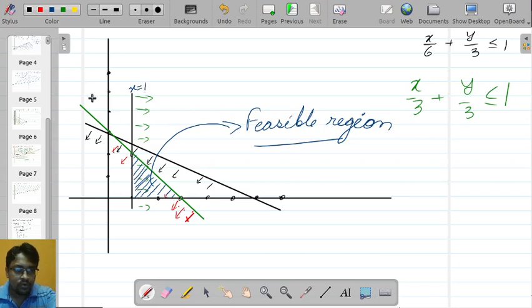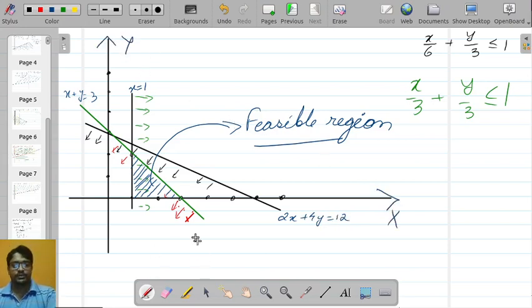This is x equal to 1, this line is your x plus y equal to 3, this line is your 2x plus 4y equal to 12. Of course you mention these things. This is x-axis, this is y-axis. So this region contains the feasible solution. The solution is somewhere here, and how to find the solution we will do in the next lecture.